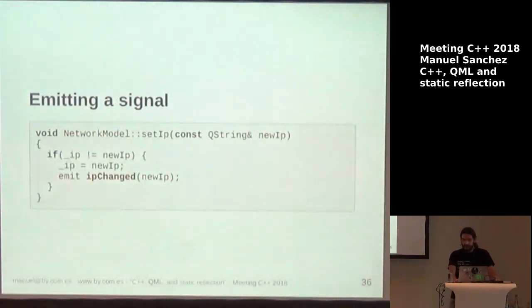Emitting a signal is really easy. You only have to call the method. The emit word there is a pseudo keyword that Qt provides to clarify things a bit. It's just a call to a method.